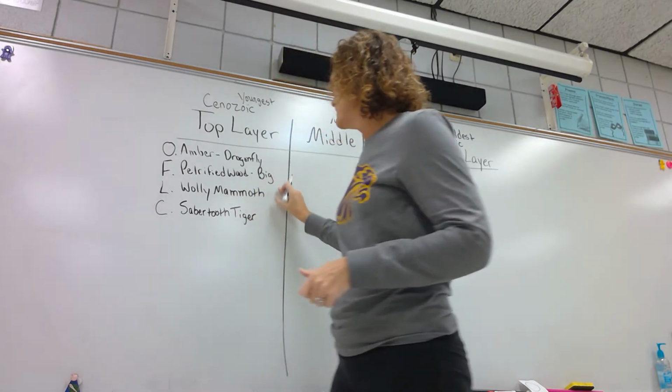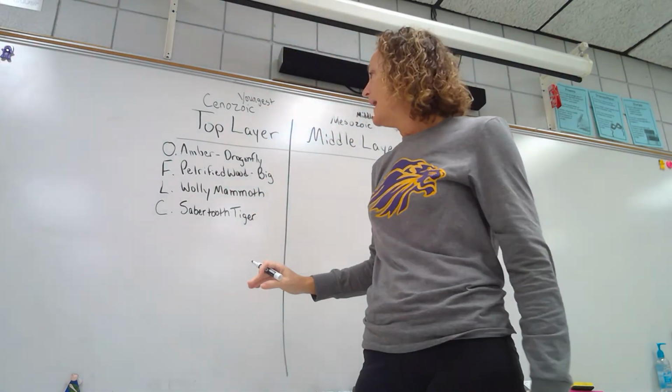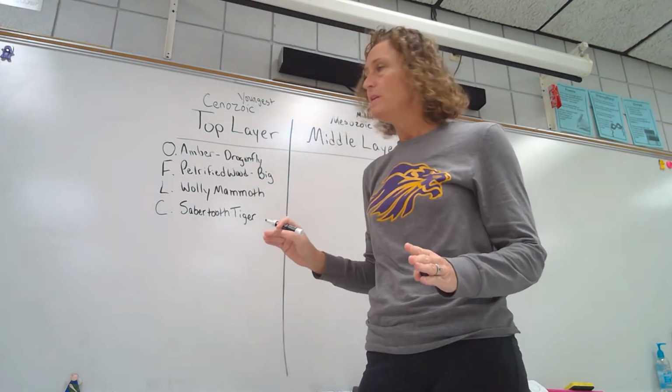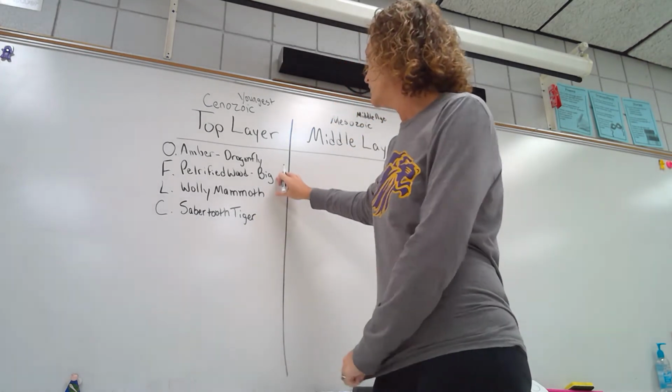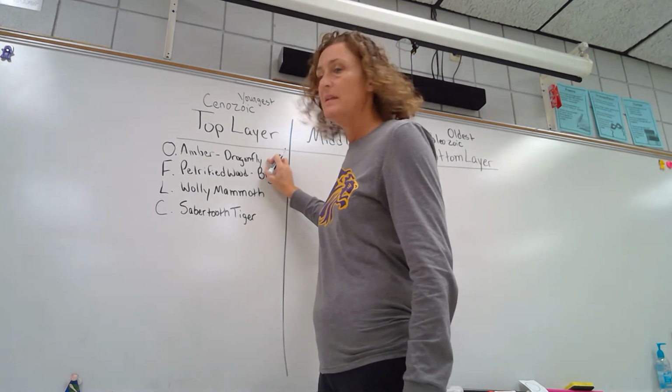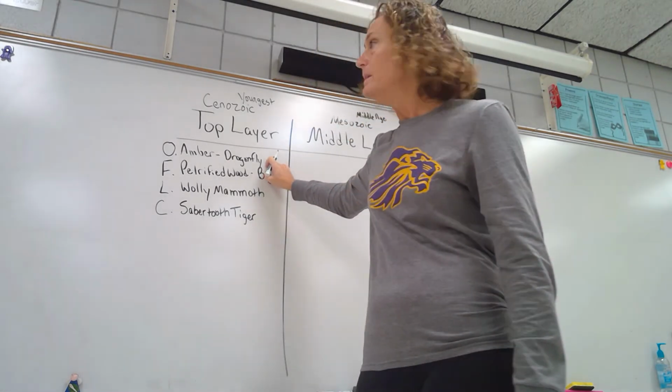Now from these 4 pieces of evidence of fossils, I'm going to assume this was a pretty healthy environment because we have plant eaters and we have carnivores. We've got trees, we've got insects that can help to pollinate.